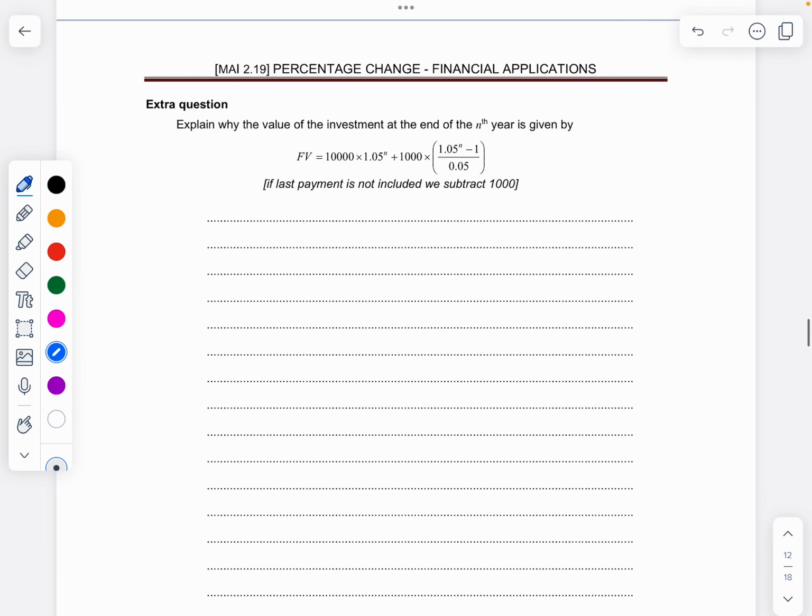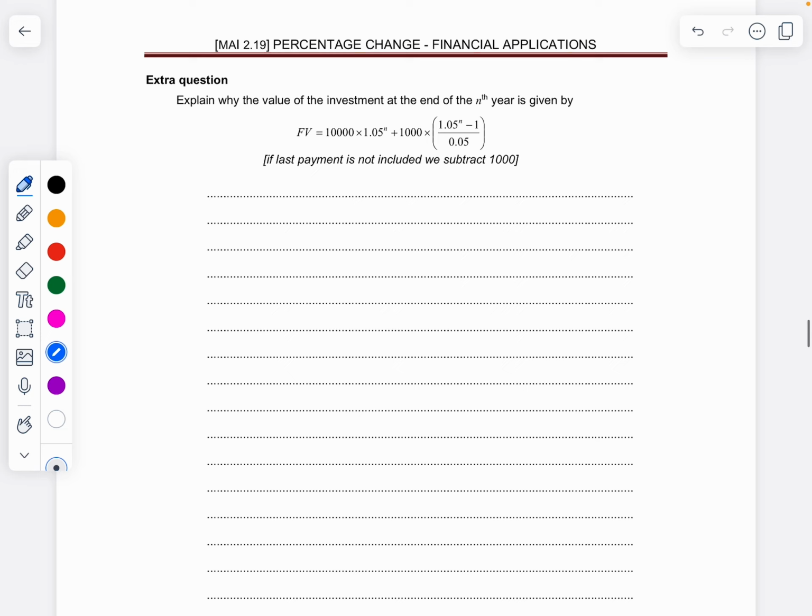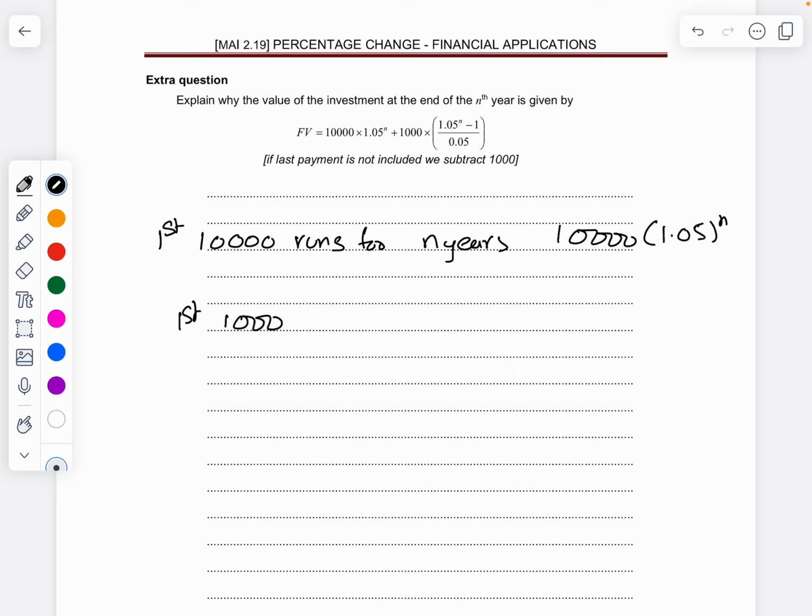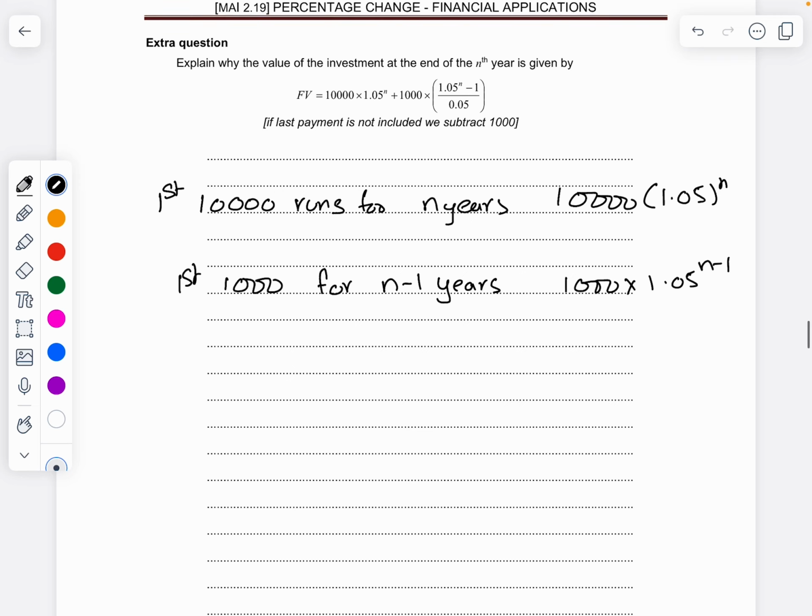Now I'll explain why this formula holds good. The first 10,000 runs for how many years? It will run for n years. So 10,000 times 1.05 to the power of n. Whereas the first 1,000 that he is depositing will run for only n minus 1 years, so it is 1,000 times 1.05 to the power of n minus 1.